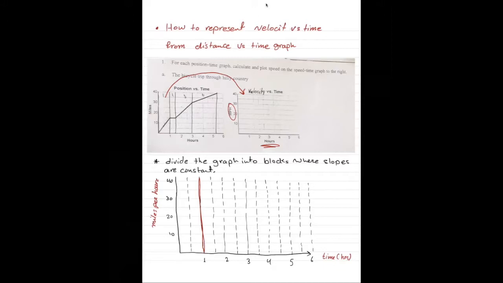Then we look at the block and we go, the person changed their position. That means there has to be a velocity. And since the slope is constant, our velocity should be constant. And when we say that our velocity is constant, that means it will get represented as a horizontal line on this graph.